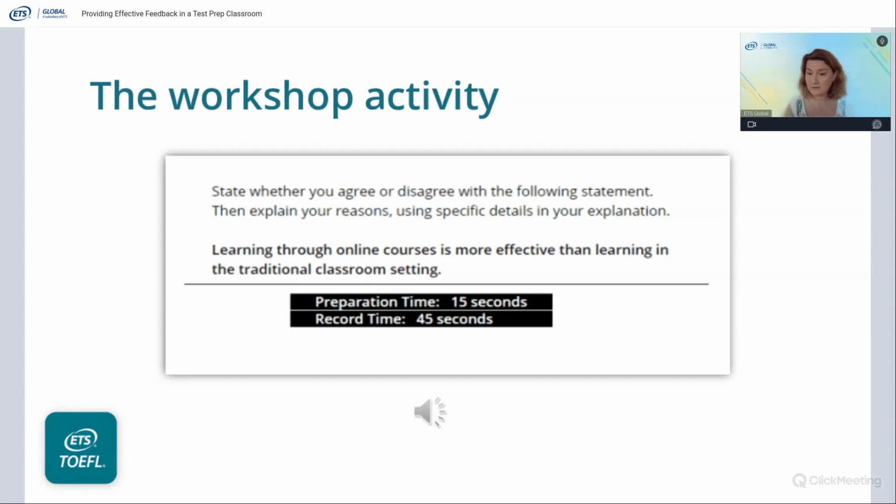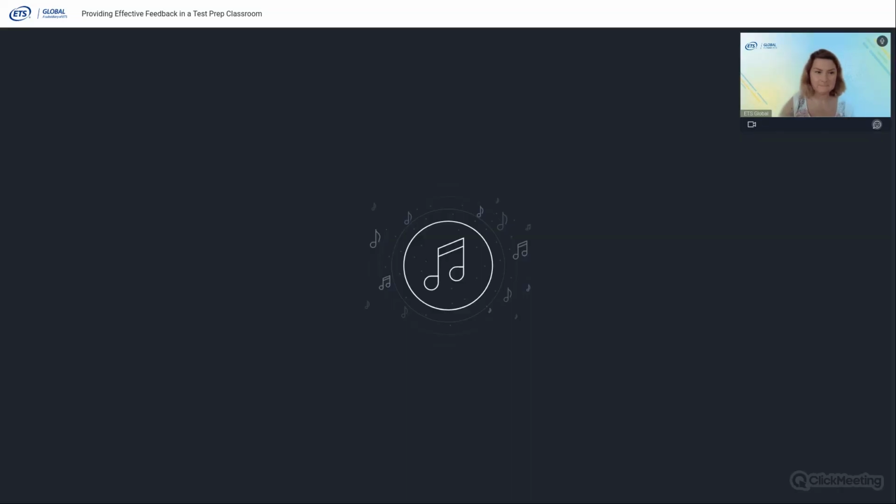Please choose one of the criteria that my colleague pasted in the chat, and then think about whether you're going to look at task level feedback, so the completeness, and the process, so the strategies that the test taker used, or self-regulation, how they could improve that in the future. Okay, ready? Let's give it a go.